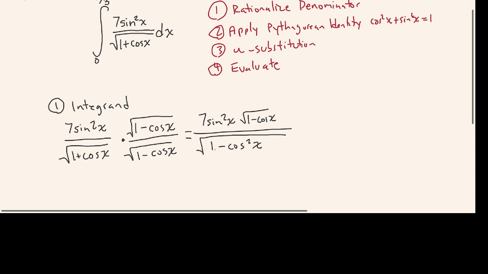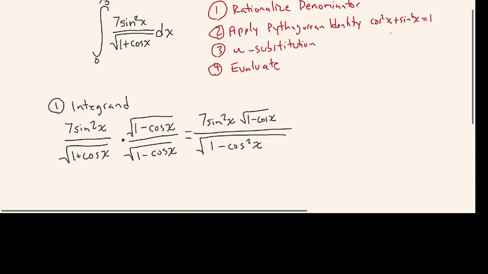The reason we use the conjugate was so that we wouldn't get those middle terms. For example, if we wrote 1 plus cosine x over 1 plus cosine x, we would end up with 1 plus 2 cosine x plus cosine squared x, and then we wouldn't be able to use the Pythagorean identity.